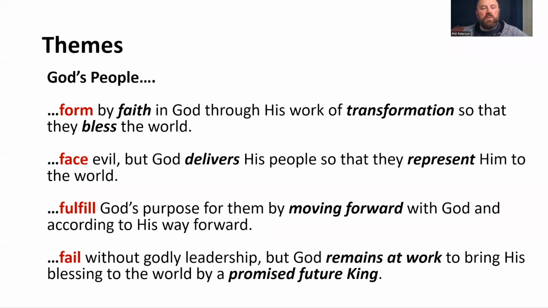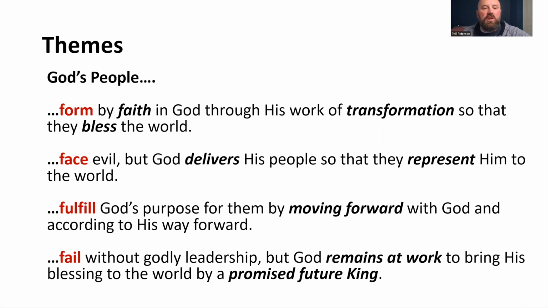Now, without leadership, they seem to fall and to fail. We see that in Judges, with 1st and 2nd Samuel, and even into the Kings. But God's people are still his people. God remains at work. He brings his blessing to the world by a promised future king.